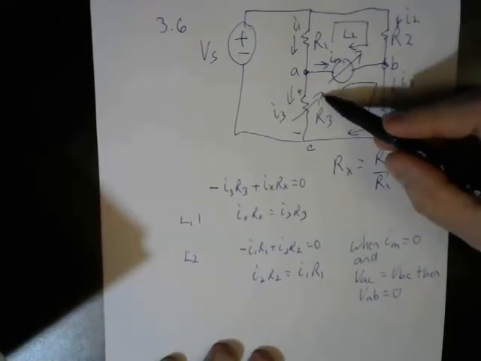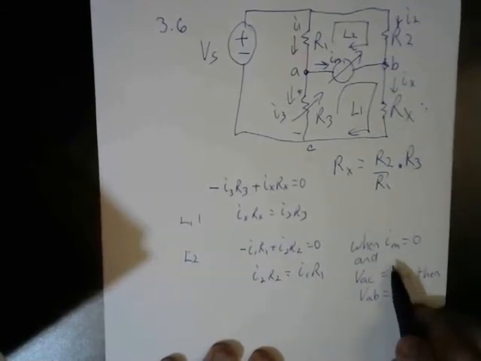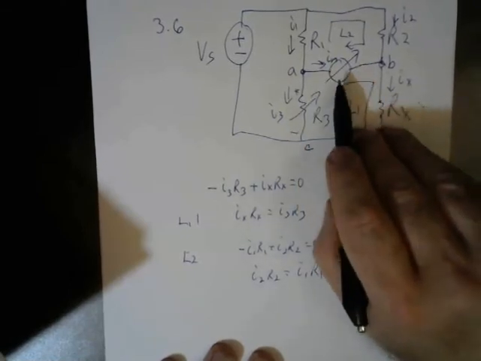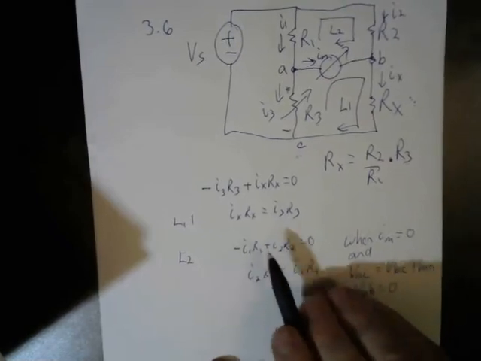If you do Kirchhoff's voltage law and you solve for VAB at this point, VAB equals 0. IM equals 0, no current in this branch. And when that happens, this formula will be true. So we're going to prove it over here.